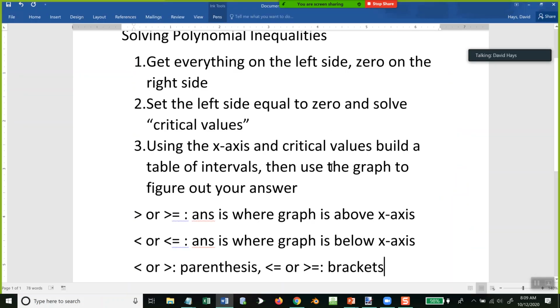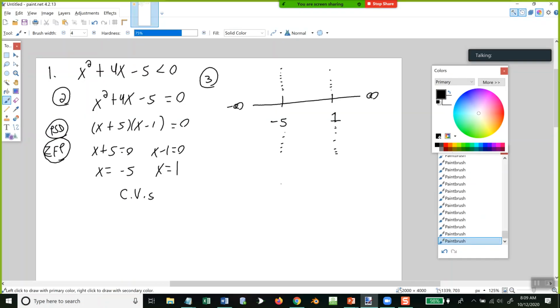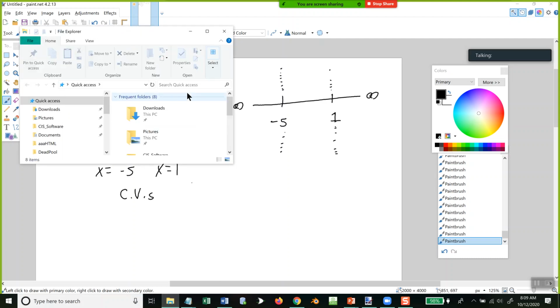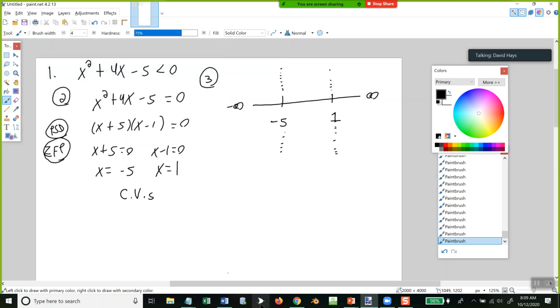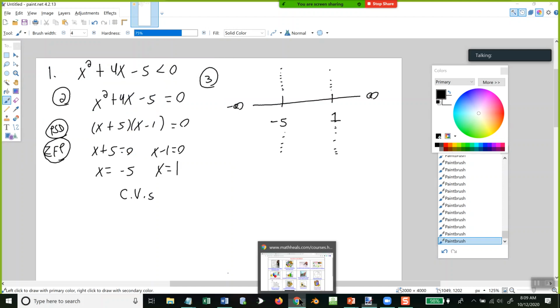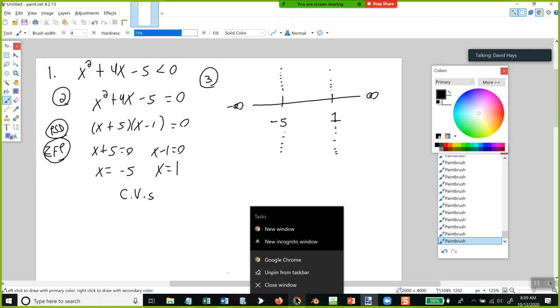It says then use the graph to figure out your answer. I didn't bring my flash drive, so guess I'll have to show you the graph in a different way.